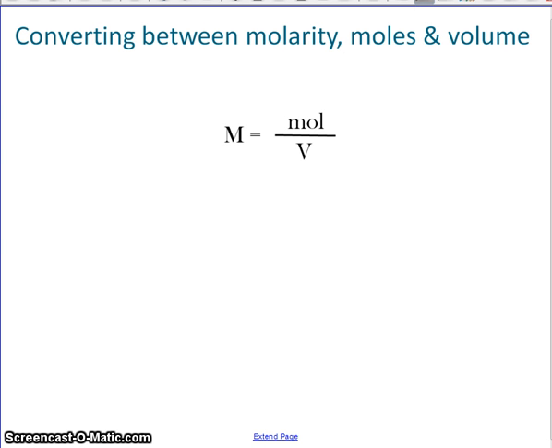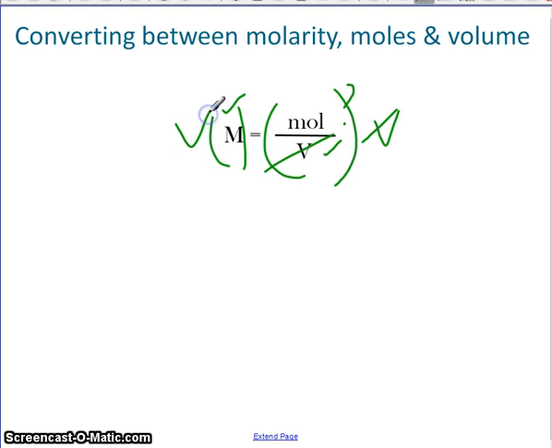This is a simple equation, so using basic algebra skills, you should be able to convert between any of these variables, given that you have the other two. For example, we know capital M, molarity, is equal to moles over volume. If we are given molarity and volume and we're looking for moles, that means we need to solve for moles, so we need to get moles by itself. So we multiply by volume. Volume cancels out.